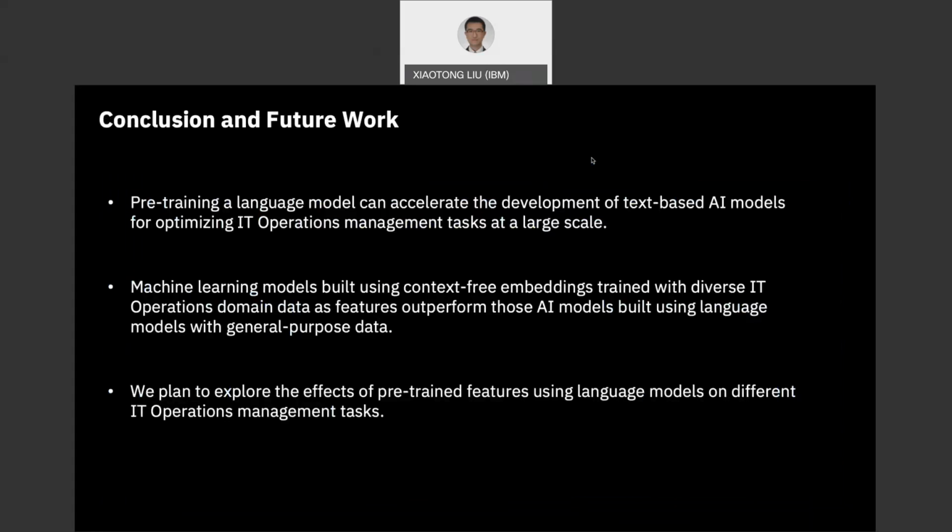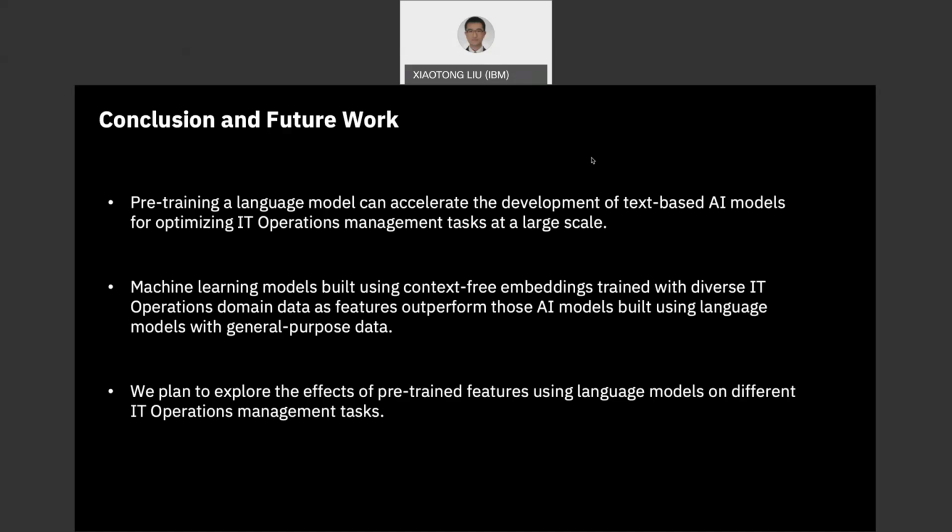To conclude my talk, pre-training a language model can accelerate the development of text-based AI models for optimizing IT operations management tasks at a large scale. We investigate the effects of this language modeling pre-training approach for IT operations management through a series of experiments on different language model types, data domains, and data diversities.